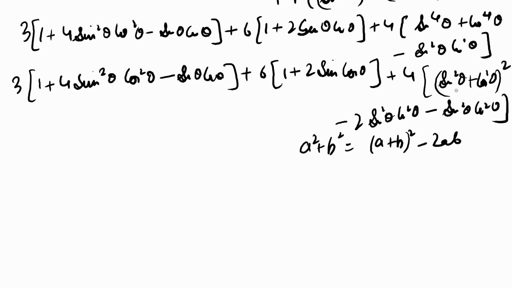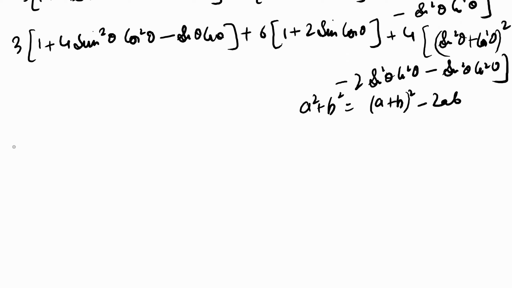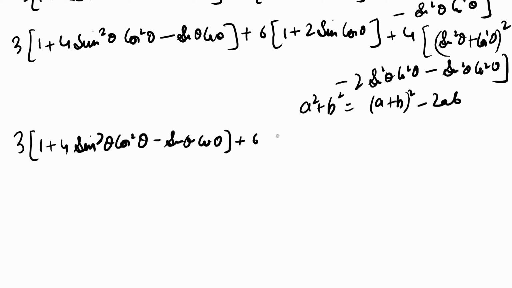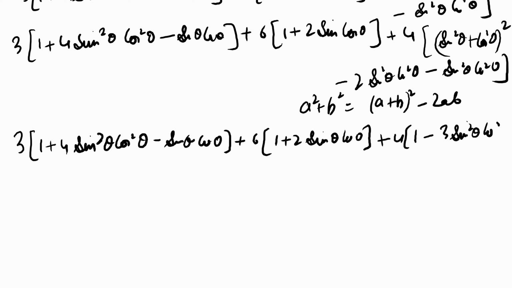So what will I get? I will get 3 (1 plus 4 sin square theta cos square theta minus 4 sin theta cos theta) plus 6 (1 plus 2 sin theta cos theta) plus 4 (1 minus 3 sin square theta cos square theta).